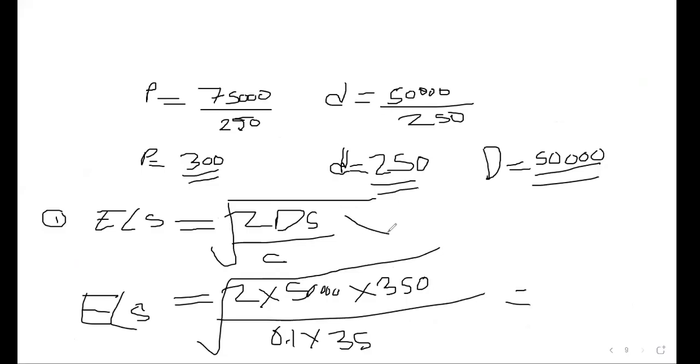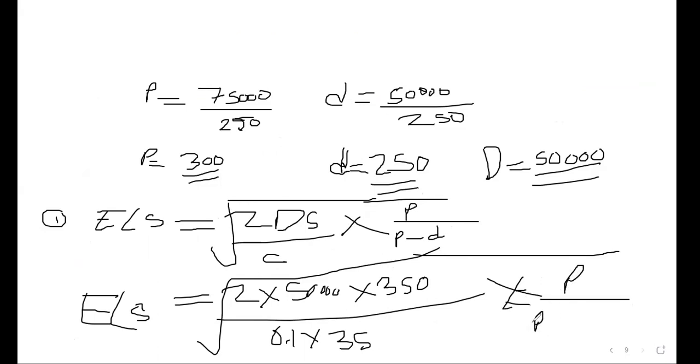Since we're in production, like I mentioned, we incorporate P over P minus D. So we need to multiply by P over P minus D. We substitute where the P is 300. So even here we put the 300, then minus 250 here. So you can get to our economic lot size.